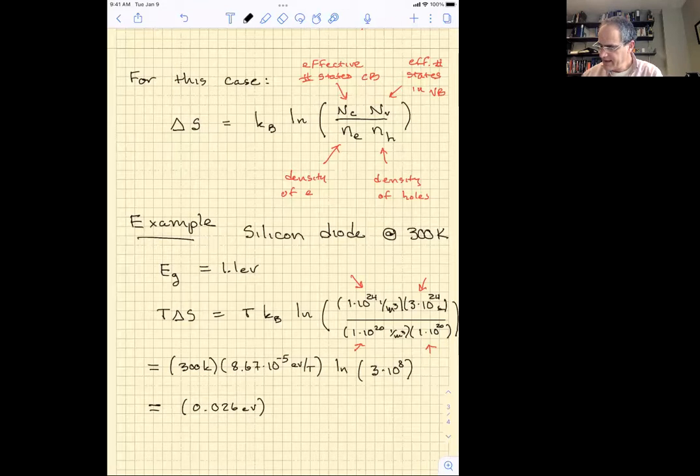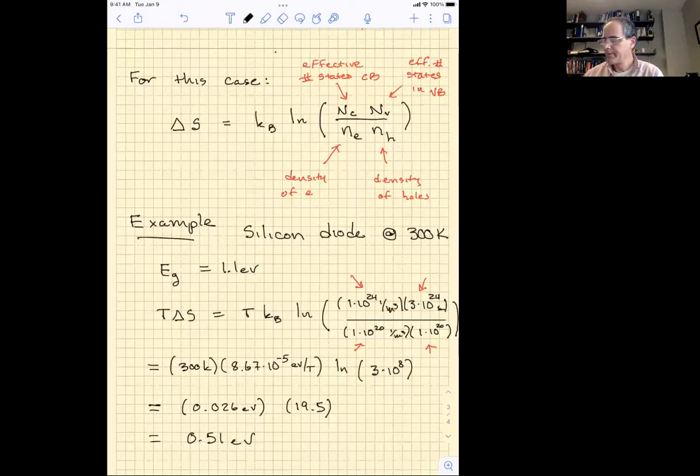And the natural log of 3 times 10 to the 8th, well, 3 times 10 to the 8th is a very big number, but we're going to take its logarithm, and that'll be much smaller. The natural log of 3 times 10 to the 8th works out to be 19.5. And so the product of these is 0.51 electron volts.